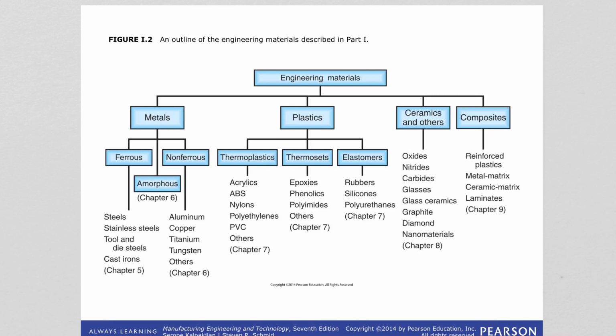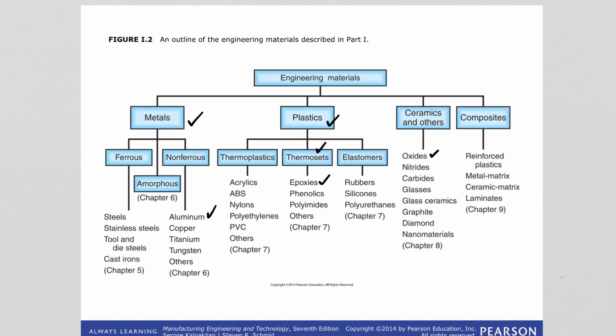Okay, so when we say engineering materials, what are they? What are the families that are included in the title engineering materials? And why is it important to understand that, right? So when I say aluminum, for example, you need to understand that's a metal. And if I say, for example, epoxy, you need to understand it's a thermoset plastic.